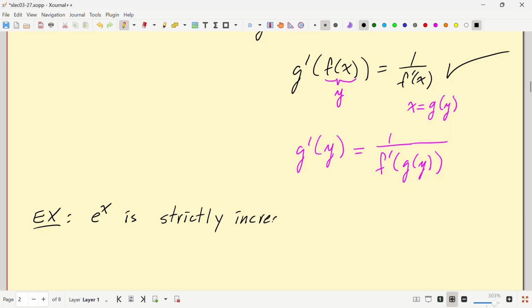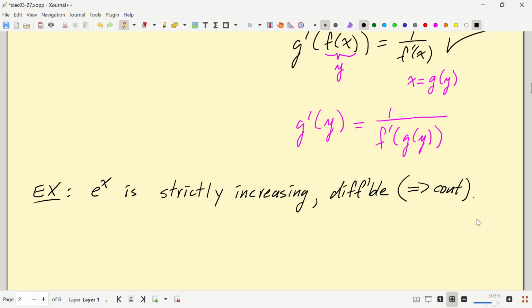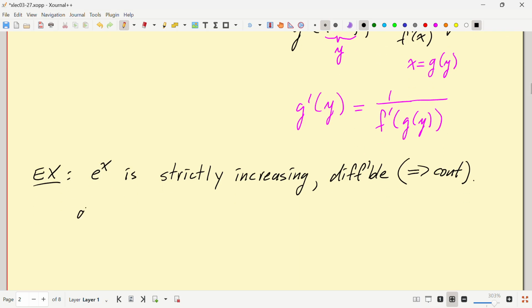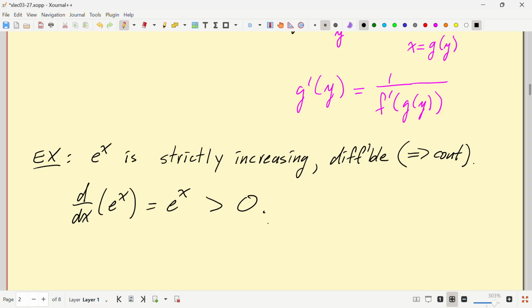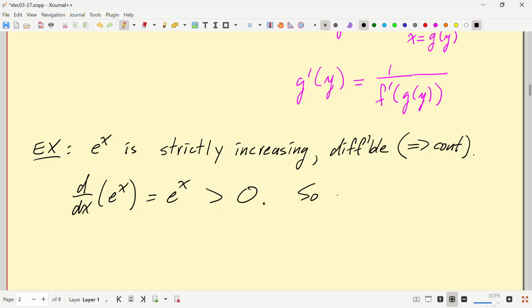And of course, it's continuous and differentiable. It's differentiable, and that, of course, implies it's continuous. And its derivative is always positive. d by dx of e to the x is itself, and that's always positive. So the inverse exists. So the log function exists.